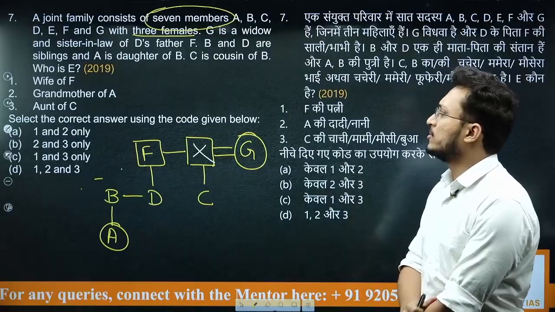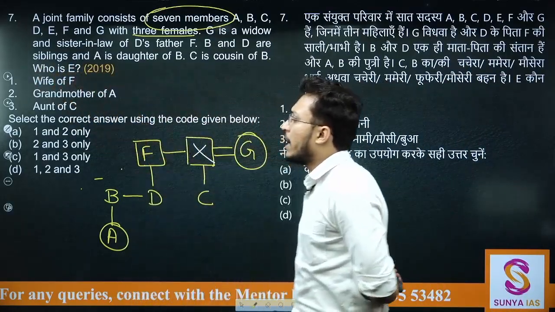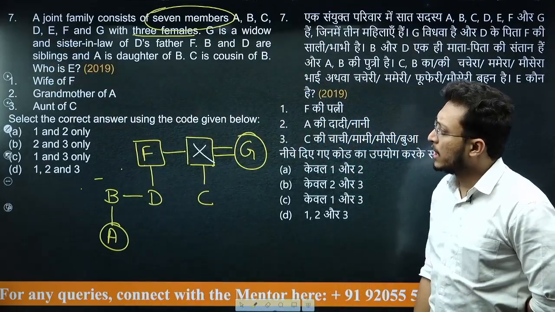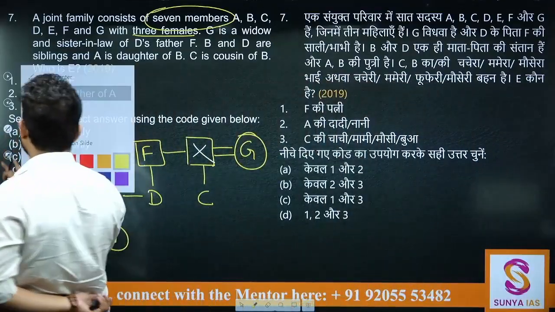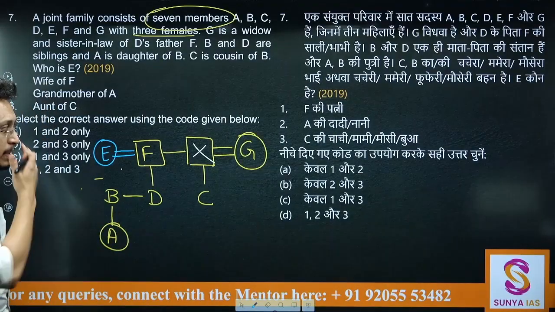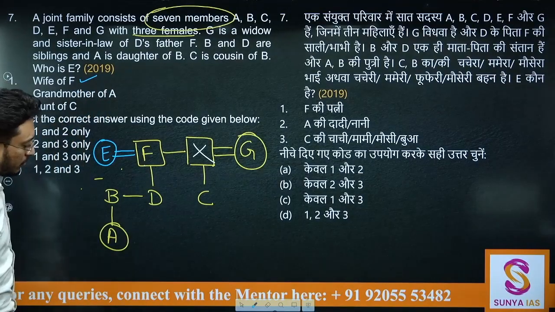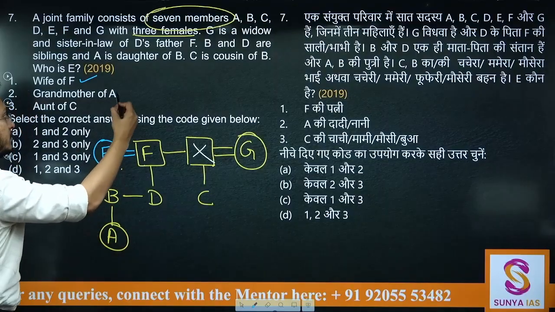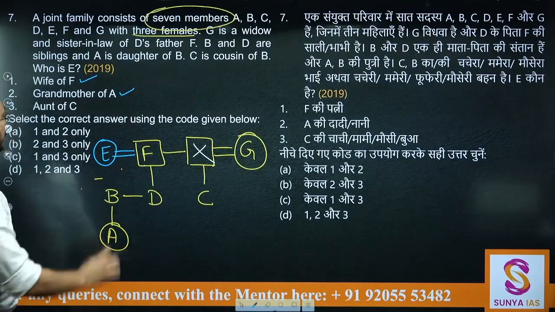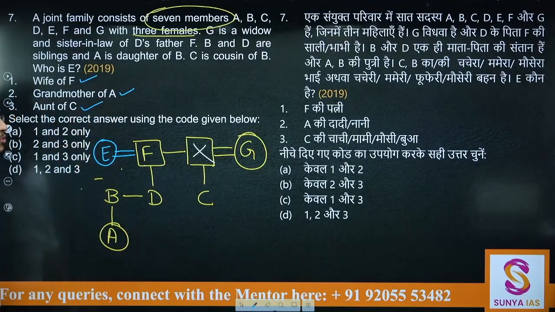So first, let's say if 1 is correct, that E is the wife of F, that means E lies here and E becomes the wife of F. Then grandmother of A, is E the grandmother? Yes. This also becomes true. Aunt of C, does E become the aunt of C? Yes. So this also becomes true. That means if 1 is correct, all 3 should be correct here.